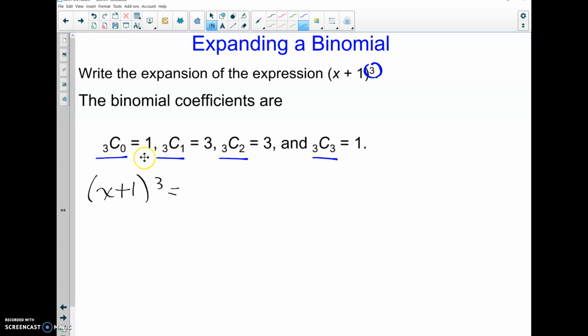So the coefficients are 1, 3, 3, 1. Then we remember the x and the 1 of our example. The powers of the first one start at the highest and go down.